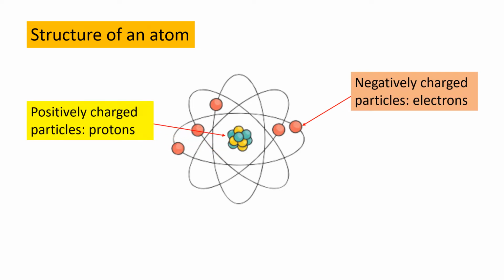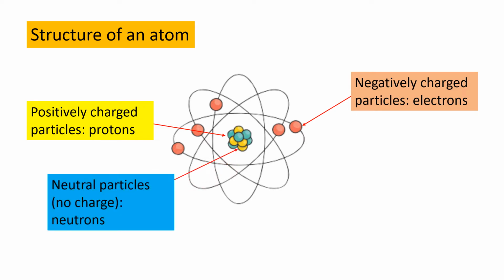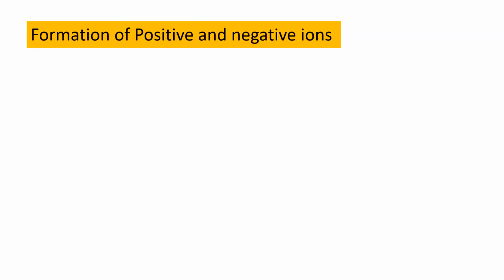The electrons are negatively charged particles. Meanwhile, the things inside the nucleus consist of positively charged particles, which are called protons, and the yellow ones are neutrons, which are neutral particles. So electrons are negatively charged, protons are positively charged, and neutrons have no charge. So how do you form positive and negative ions?